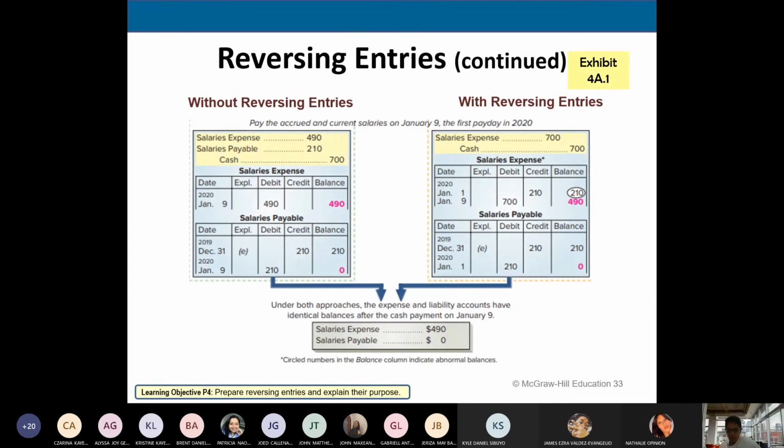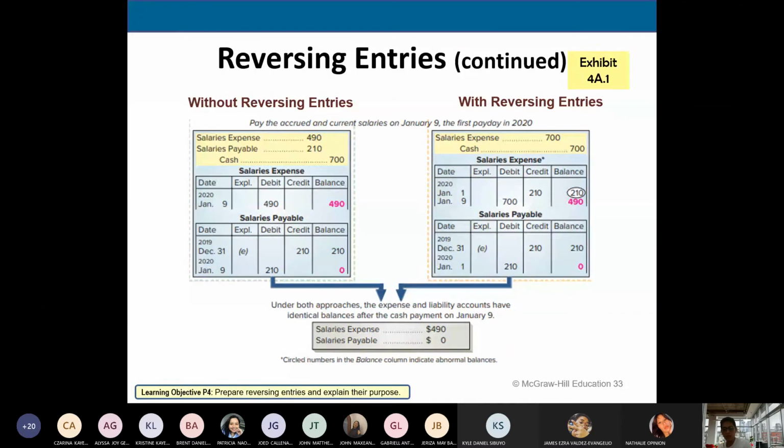The procedure is to transfer the accrued asset and liability account balances to related revenue and expense accounts, creating abnormal balances in these accounts. No? Okay, so they are prepared after closing entries and dated the first day of the new period. So ang reversing entries ay ginagawa at the beginning of the period.